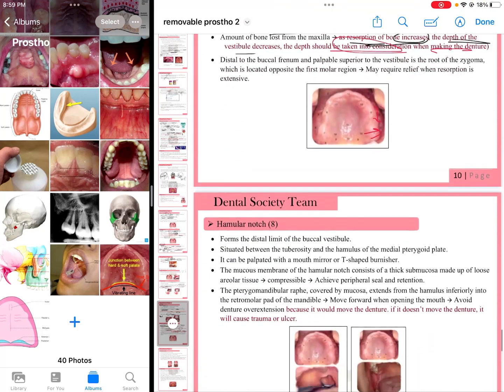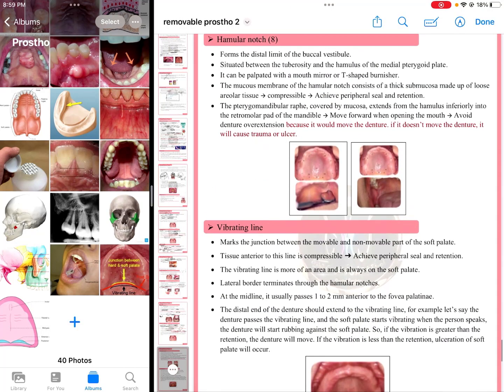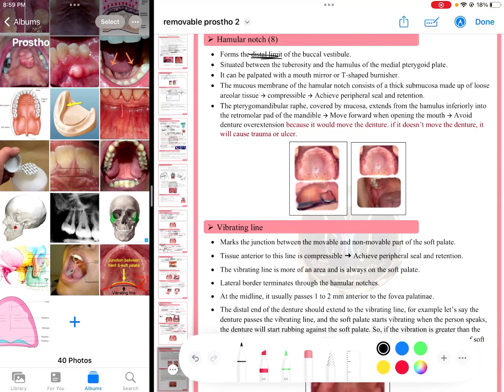So now talking about the hamular notch: from its name, notch means something that's depressed inside. So it's the distal limit of the buccal vestibule. We said that the buccal vestibule is from the buccal frenum to the notch, right? So it is the distal limit of our denture and of the buccal vestibule.